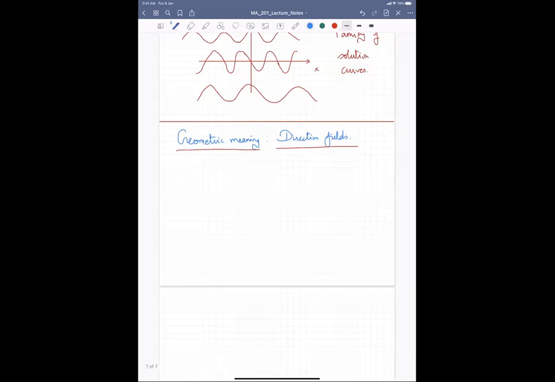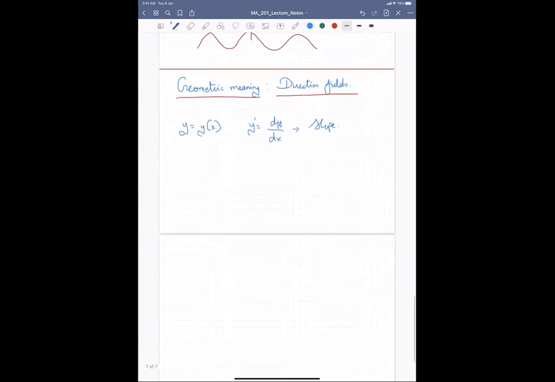So if you have y as a function of x, you know by now that y prime, equal to dy by dx, is basically the slope. So at any point x equals x0, if I draw a tangent, that gives me the derivative with respect to x, that is the slope. The same geometric meaning carries forward here also.